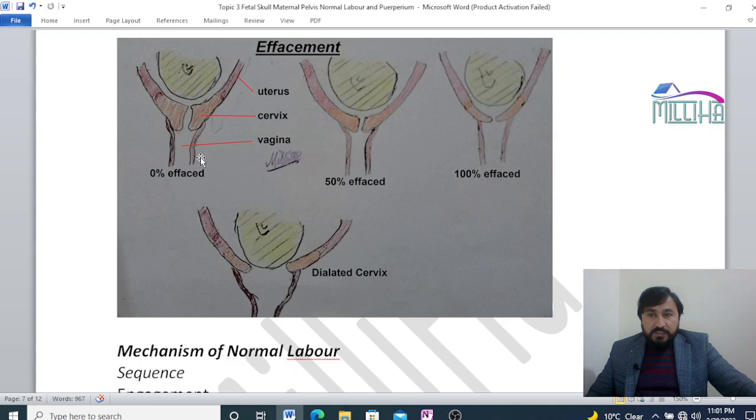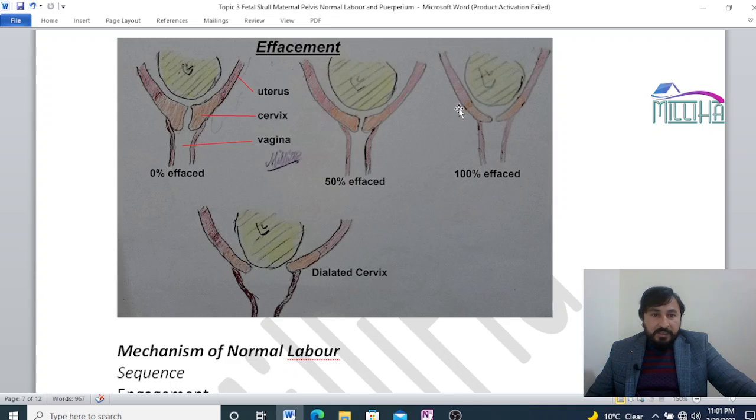This is the vagina. Here it is 0% effaced because you can see the length of the cervix is larger and it's thick. Here it has become a little thinner, about 50% effaced.